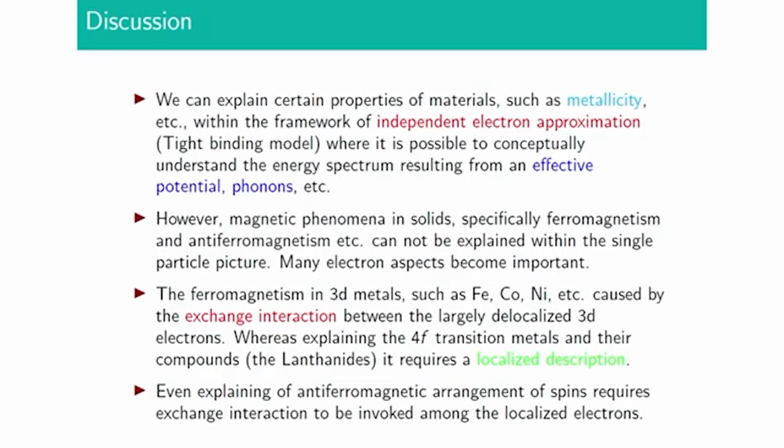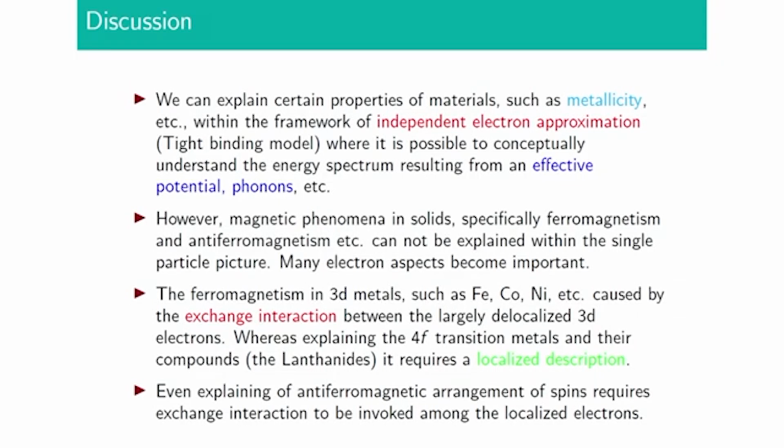Ferromagnetism in 3D metals, with specific examples such as iron, cobalt and nickel, is caused by exchange interaction between the largely delocalized 3D electrons. However, the lanthanide series, which are 4f transition metals, require a more localized description. These are ferromagnets, and they require, as we have said, an interacting description.